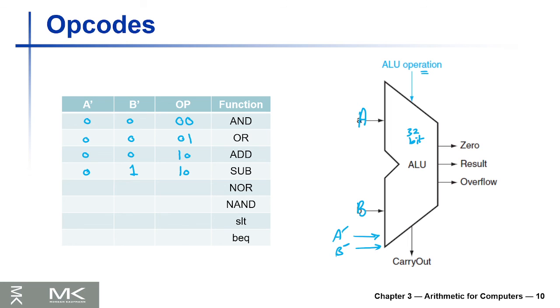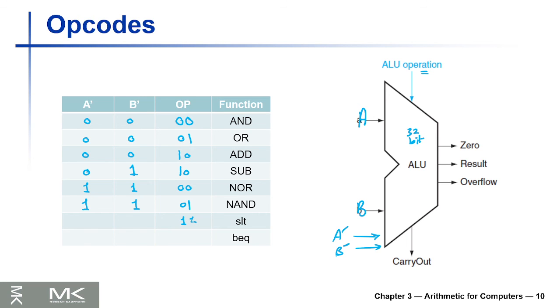NOR is like an AND, but with 2 inputs, which are B complement and A complement. NAND is like an OR, same opcode as OR, but again we use B complement and A complement. Set less than needs a different opcode, which is 1, 1.